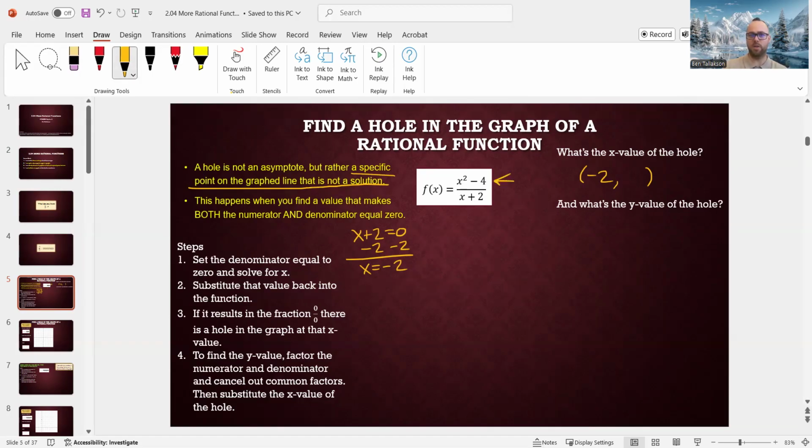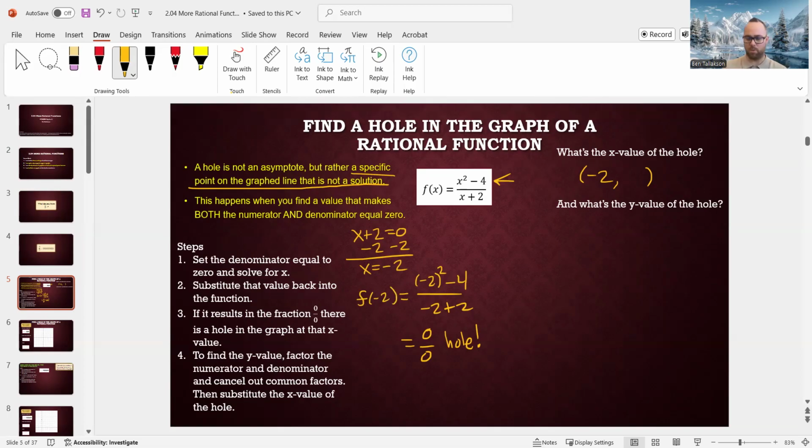Do I also get 0? So let's try it. -2. Let's see, right here, I'll get +4. +4 minus 4, I do get 0 over 0. So that tells me there is a hole.